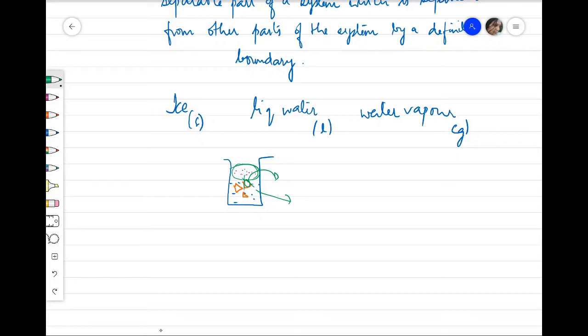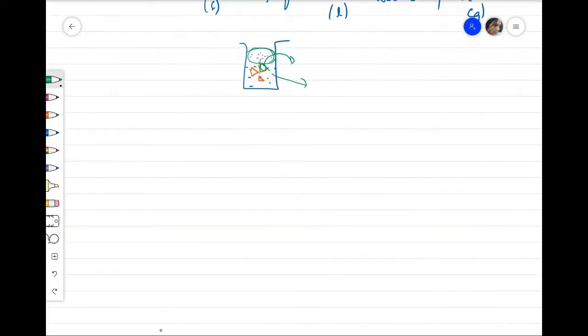Similarly, take another example. If water is mixed with alcohol, we see that regularly, right? You see it in movies and all that.